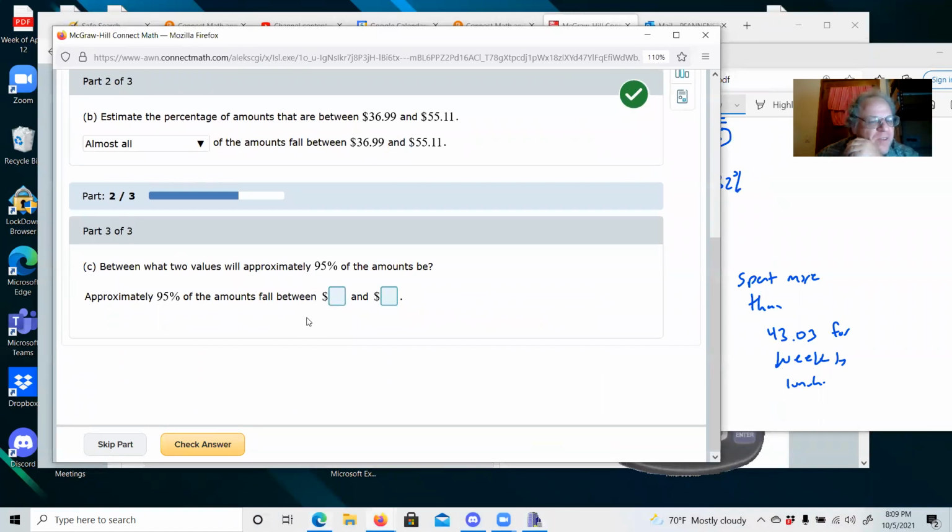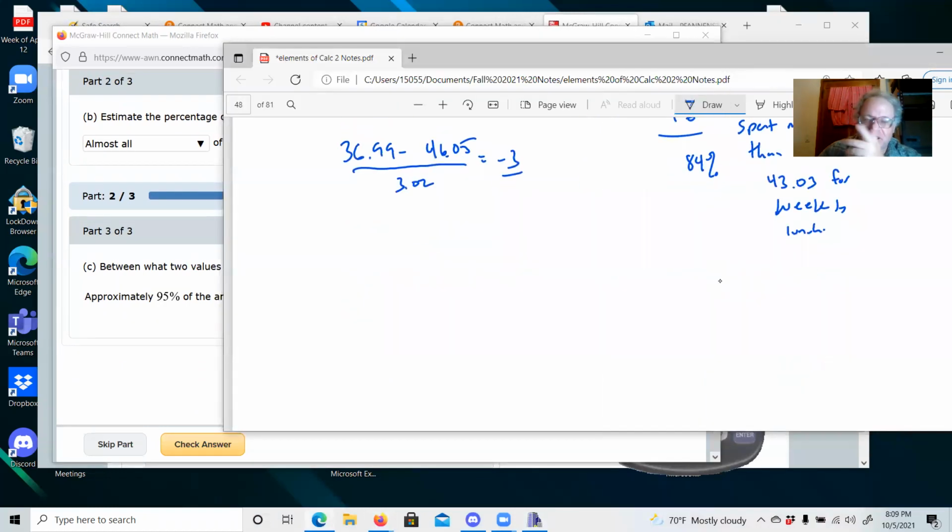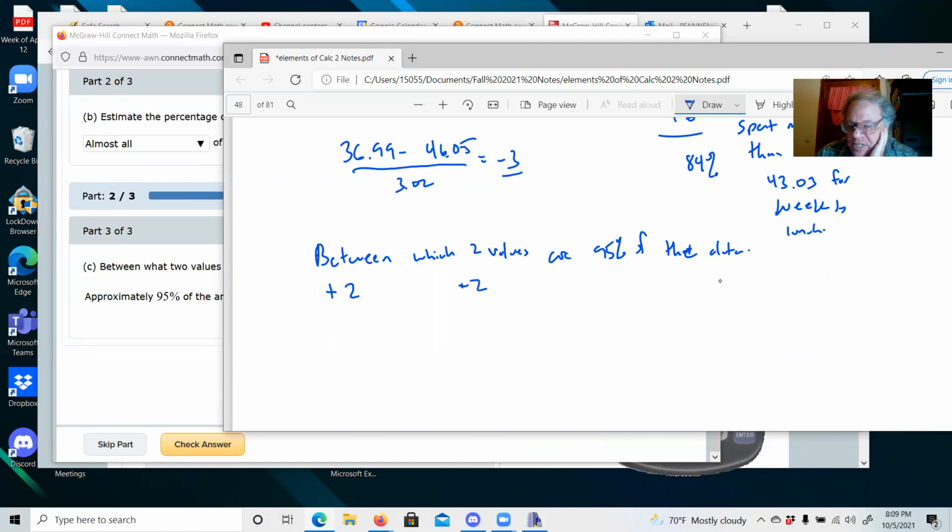And between which two values are approximately 95% of the data? That's a good question. Remember the 95%: this is between -2 standard deviations and +2 standard deviations.